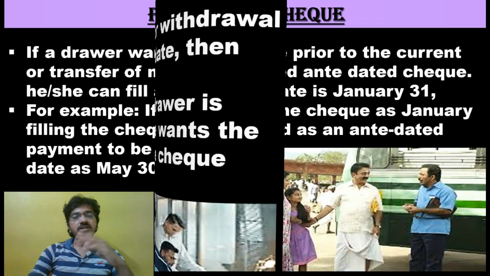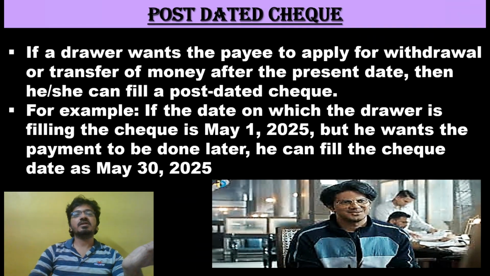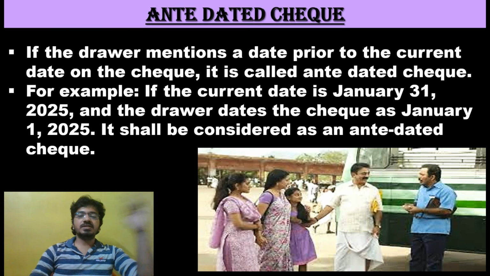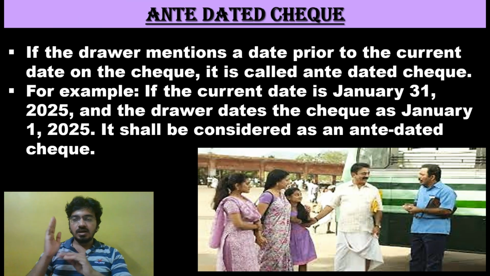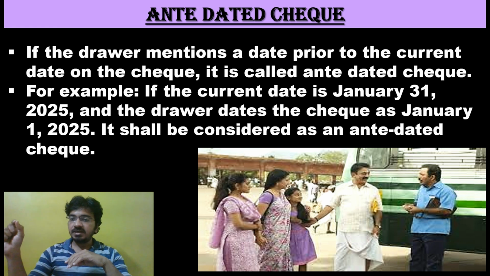Okay, next one is the anti-dated check. It's just the opposite of the post-dated check. Anti-dated means a previous date. Here, suppose today's date is January 31st, but you mention the date on the check as January 1. So what will happen?